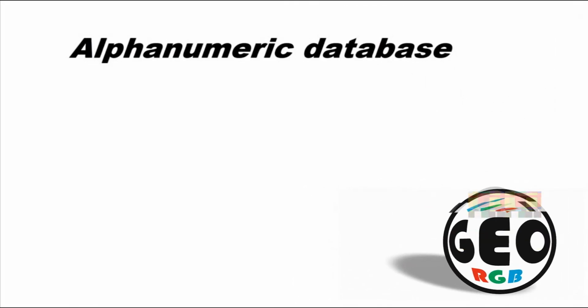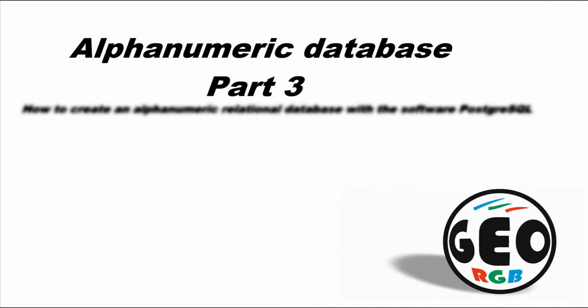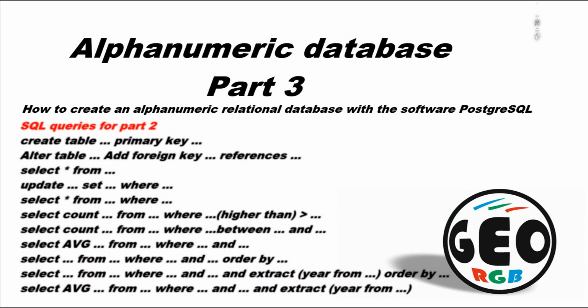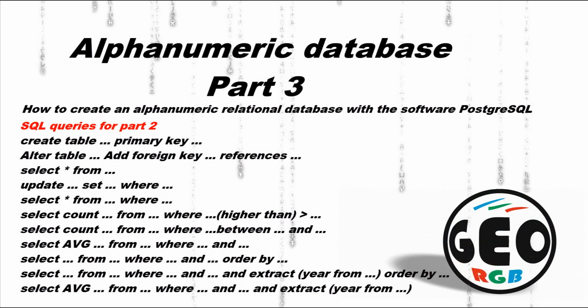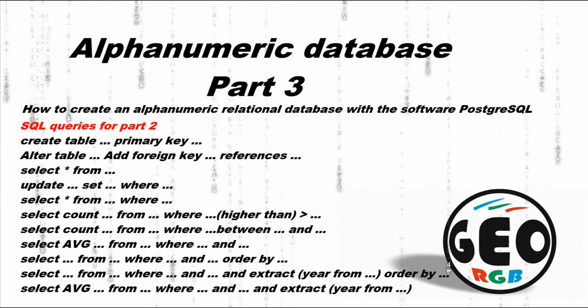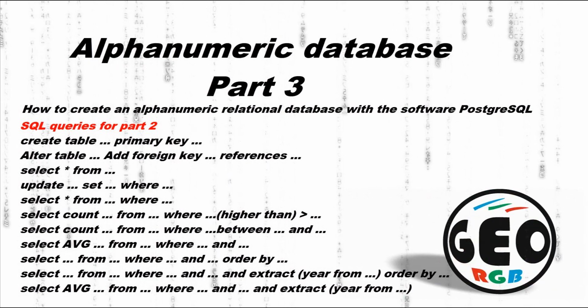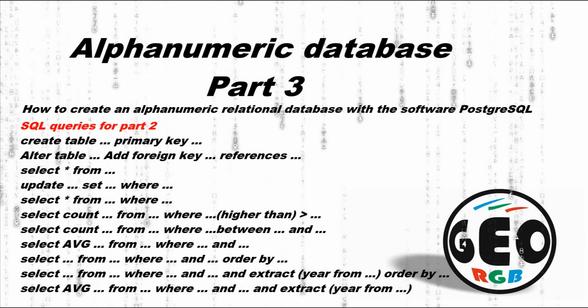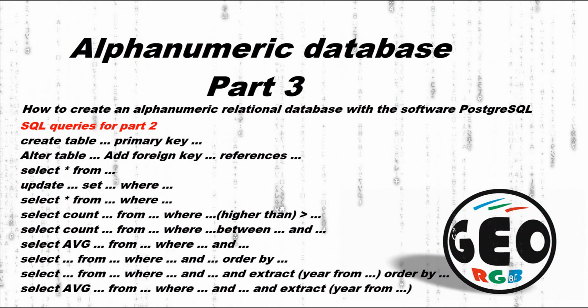The third part of our alphanumeric database. In this part, we are still working with the website Lucidchart to create our entity relationship diagram and connect entities through their cardinality. Also, we are going to see how we can link two different entities through one entity that is going to act as a bridge.